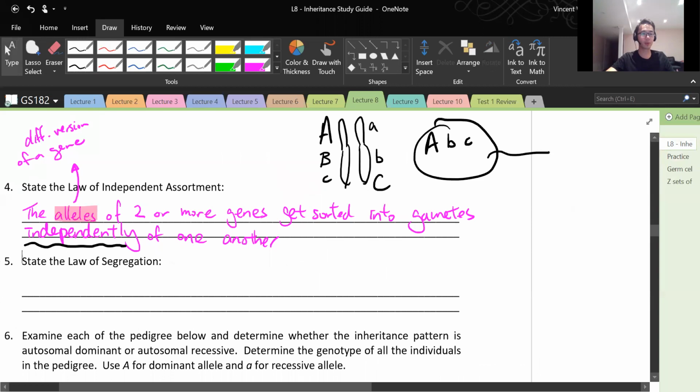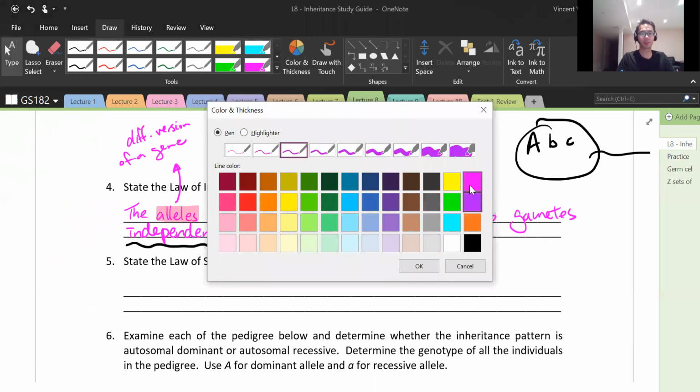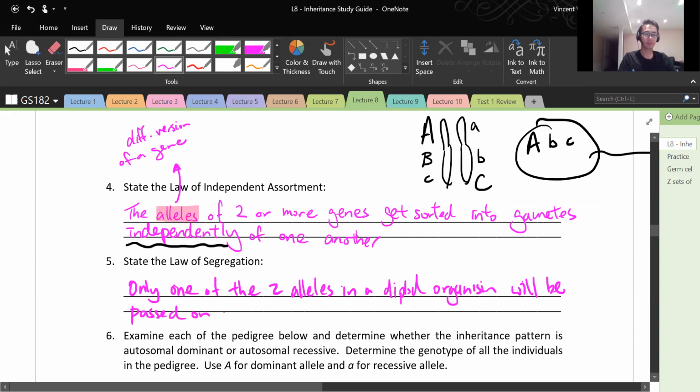Moving on. Next one, we have the law of segregation. What does that tell us? The law of segregation says that only one of the 2 alleles in a diploid organism, which is us, right, will be passed on to each gamete.